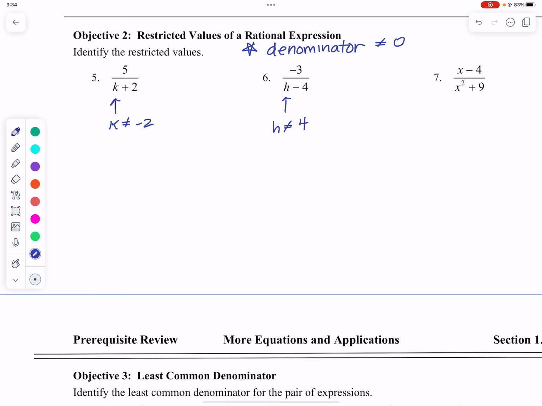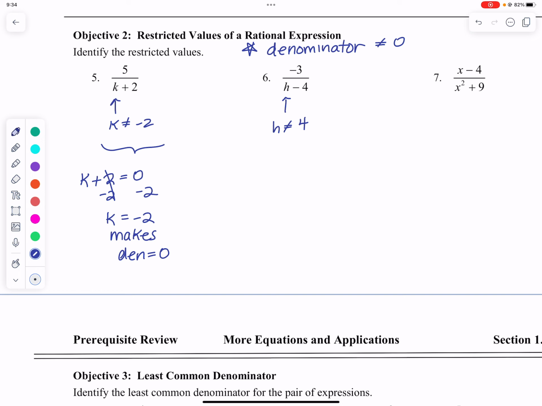I'm going to show you how to do that though. So how did I get that? I set k plus 2 equal to 0. I subtracted 2 from both sides. And I know that k equal to -2 makes the denominator equal to 0. So that is why I restricted the denominator.